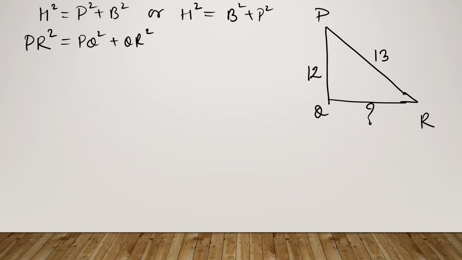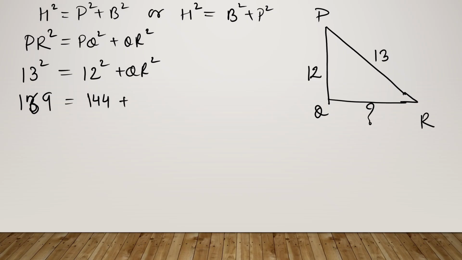Then we will try to solve it again. PR, which is equal to 13. Square of 13 is equal to square of 12 plus square of QR. Now square of 13 is equal to 169. Square of 12 will be 144, plus QR square. We will shift this 144 to the left hand side, so it will become 169 minus 144, that is equal to QR square.